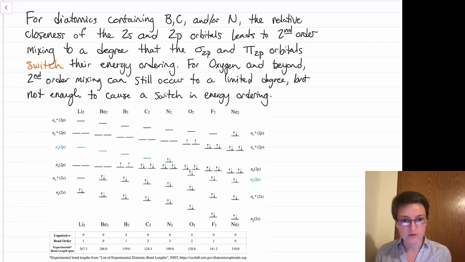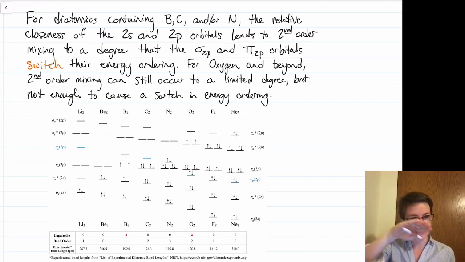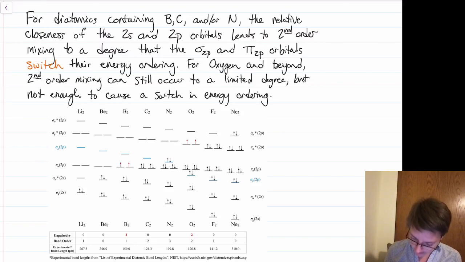And what I want you to notice is that as a result of second-order mixing, while all of these orbital energies are slowly getting more and more negative as we go left to right along the periodic table, this sigma g 2p orbital is changing more rapidly than any of those.